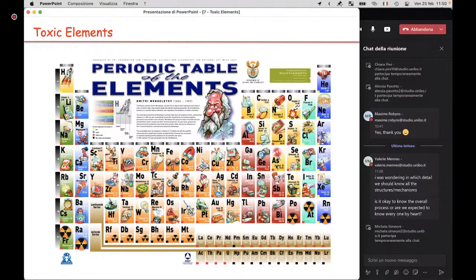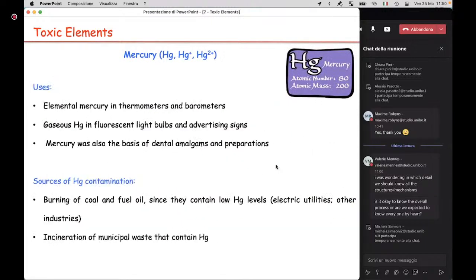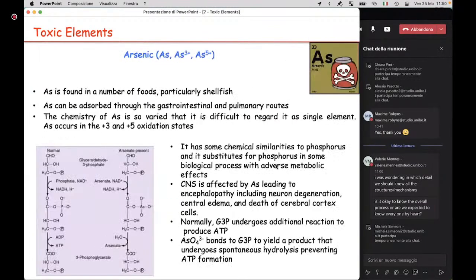So again, it has similar properties to phosphorus, and so it can be incorporated instead of phosphorus in some metabolic pathways. Here you can see a piece, let's say, of the citric acid cycle.